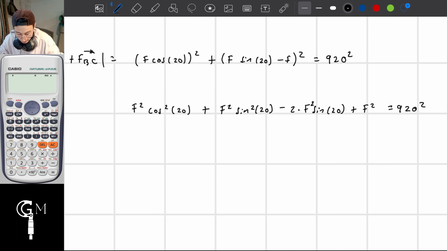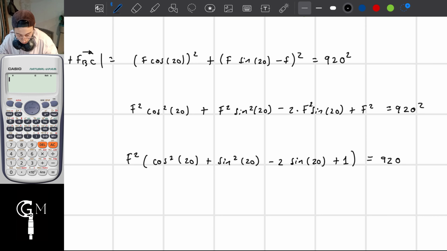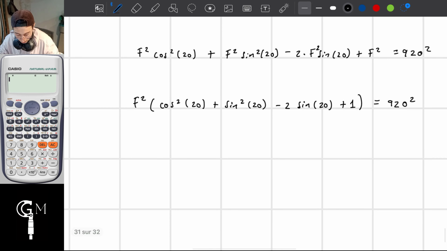And now I can take out from every single part of the equation what is repetitive, which is F squared, and what's left is cosine squared of 20 plus sine squared of 20 minus 2 sine 20 plus 1 is equal to 920 squared, right?